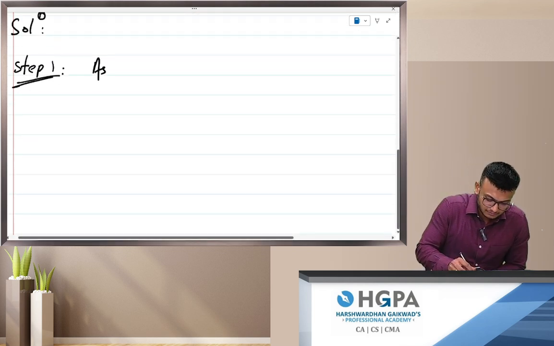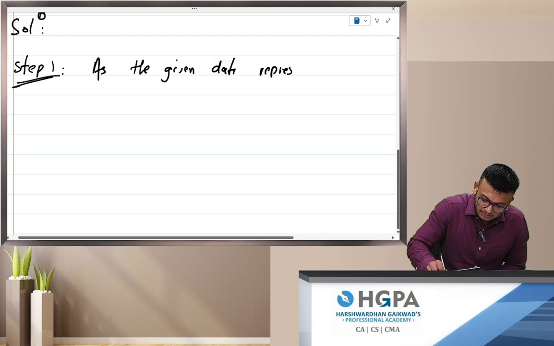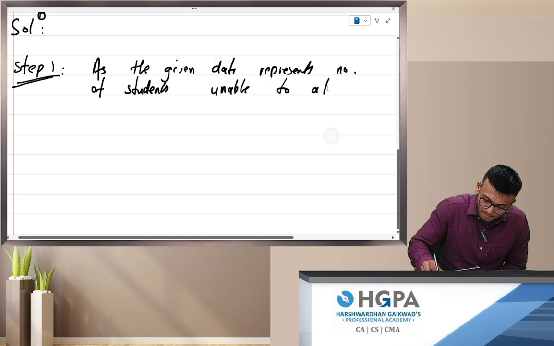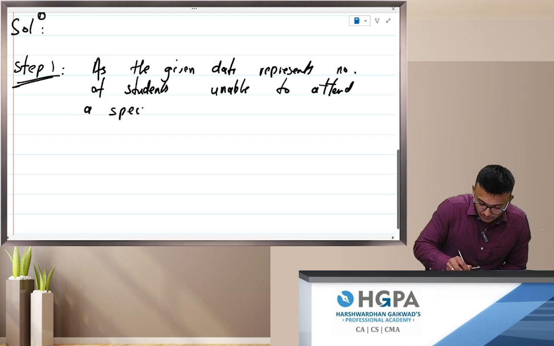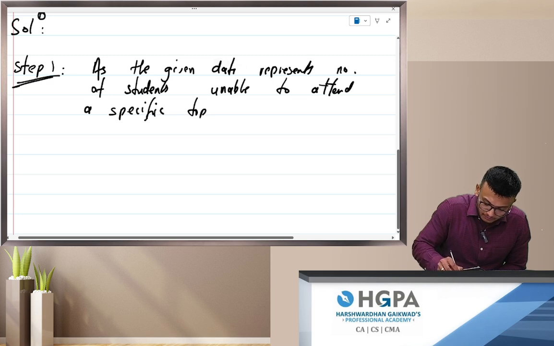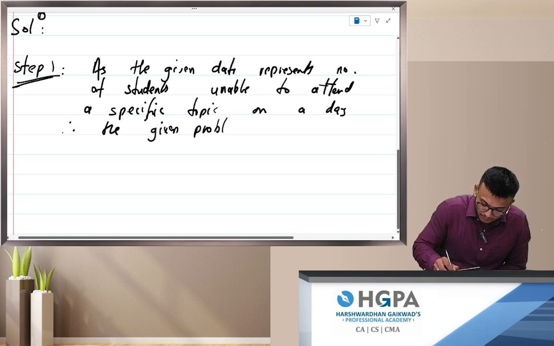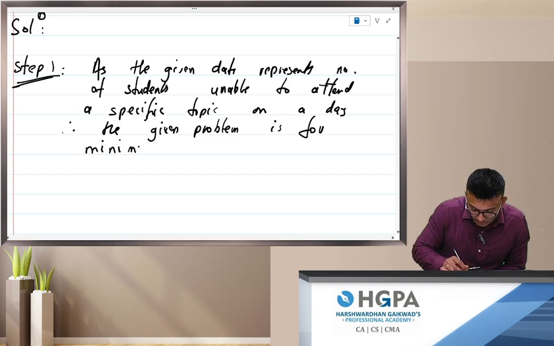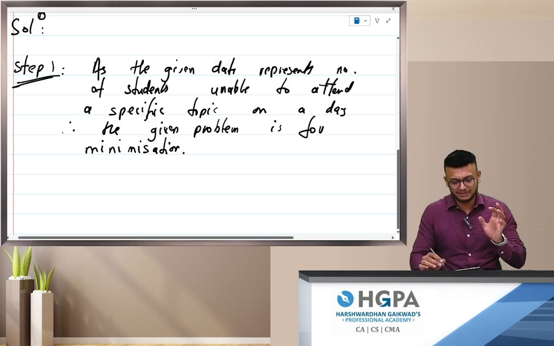So, as the given data represents the number of students unable to attend a specific topic on a day, therefore the given problem is for minimization. Very simple.